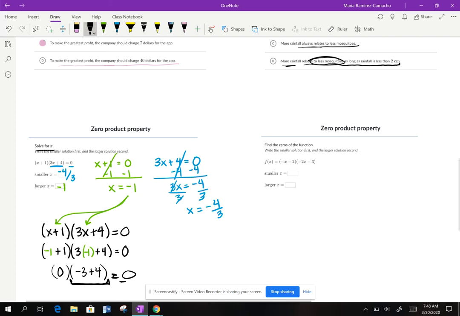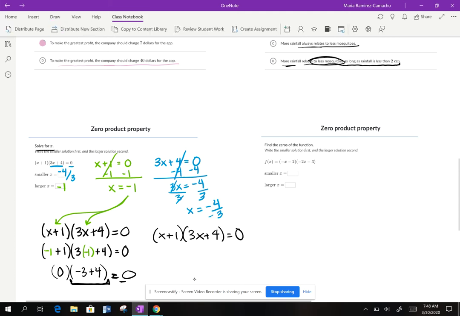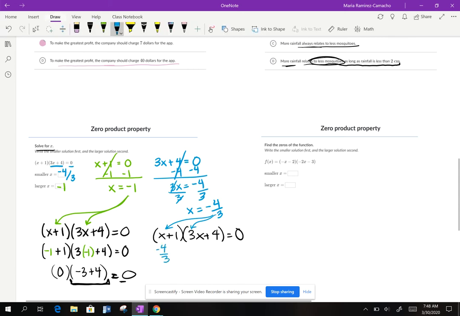The same thing is going to happen if we plug in negative 4/3 for x. So if you plug in negative 4/3 plus 1, and then 3 times negative 4/3.